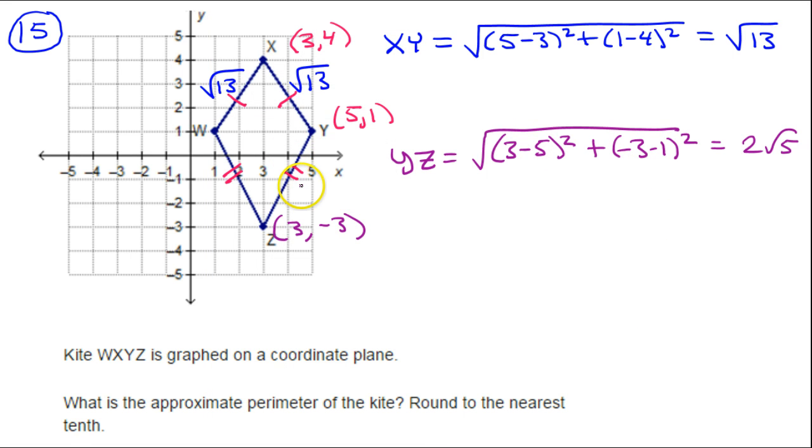Okay, so that tells us that this is 2 radical 5, and this is also 2 radical 5.